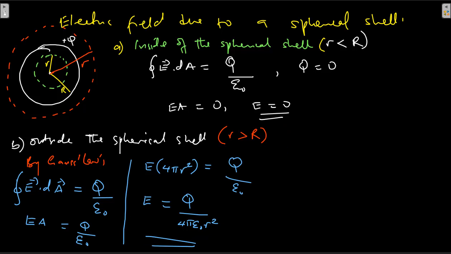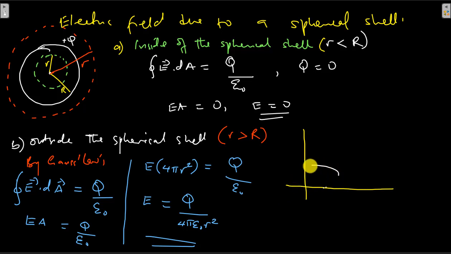This is the electric field outside the Gaussian surface. Now let me plot a graph of the electric field inside and outside of this sphere. Let us suppose our sphere is here. The sphere is of radius r.